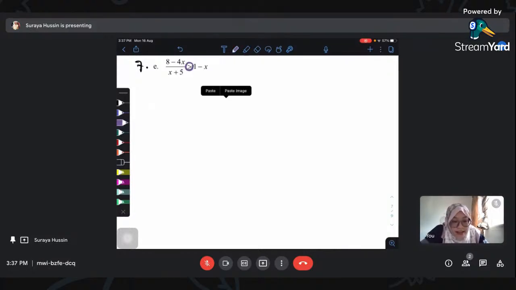Can an inequality be cross multiplied? No, it cannot. So the right hand side must be equal to 0. The right hand side must be 0.